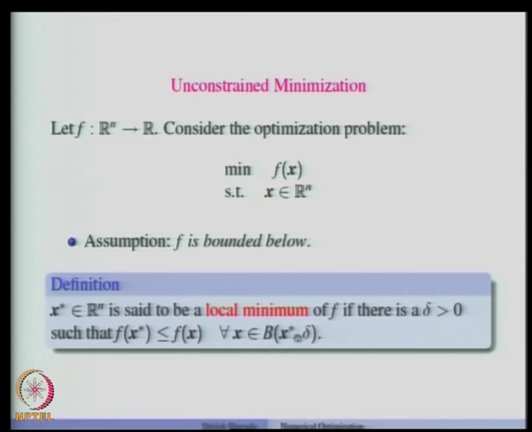If you take an open ball of radius delta around x star, then in that open ball the value of the function is at least f of x star. Such a point is called a local minimum, and it is this local minimum that we are interested in finding.